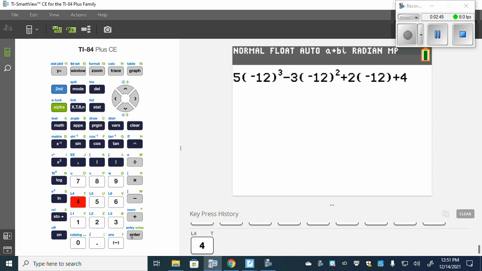And when we get the whole thing typed in, we'll go on and hit enter, and it'll tell us that the answer is 9,092. And that would be our answer.